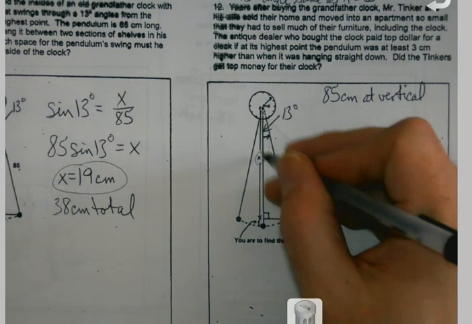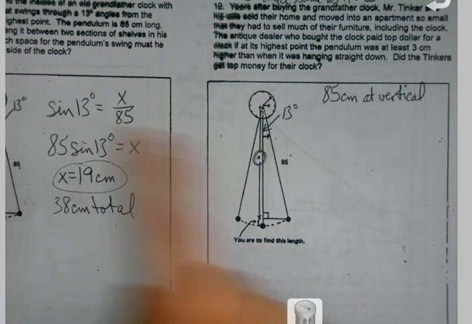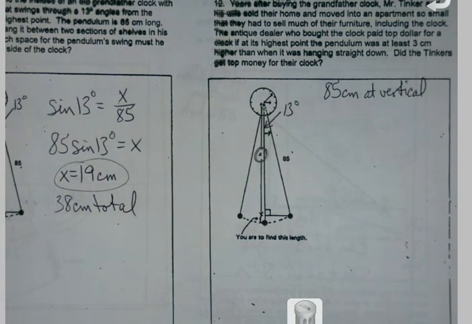So once you find this out, subtract it from the 85 and find out if it's that 3 centimeter difference or not. I'll give you that much. So there's a slight tweak in how it's going to set up versus 11, but once you get that x value, then you're going to need to find out, just subtract that.